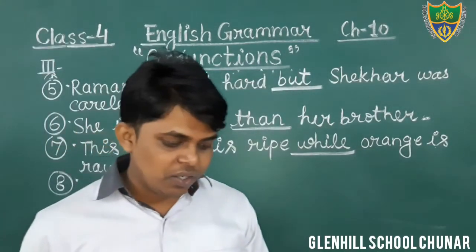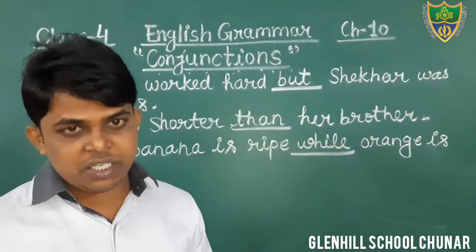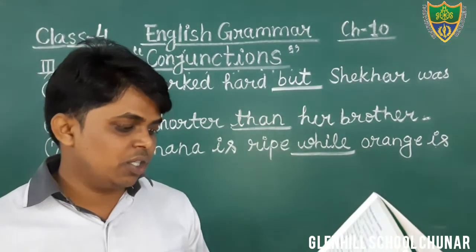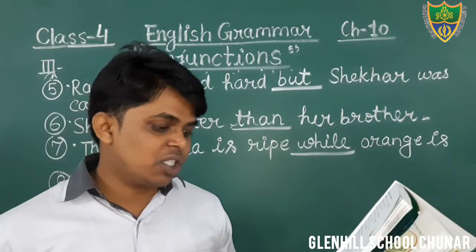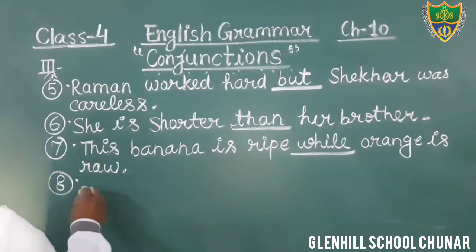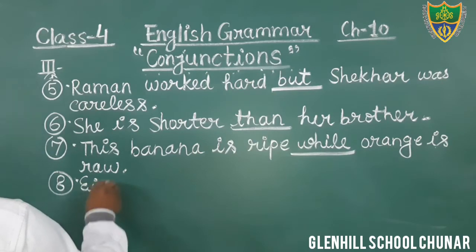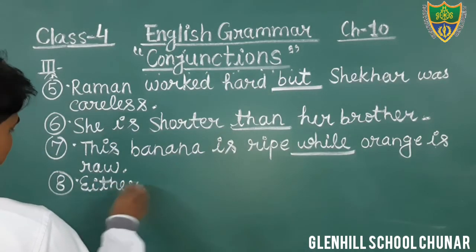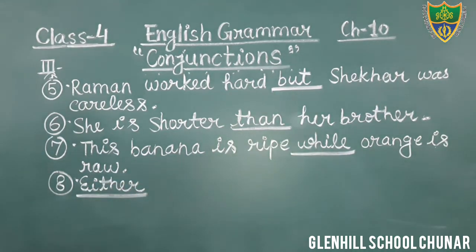You must be vigilant. You see, you must be vigilant. You must leave the shop. Either you must be, either, students, you will use the conjunction either or. Okay?